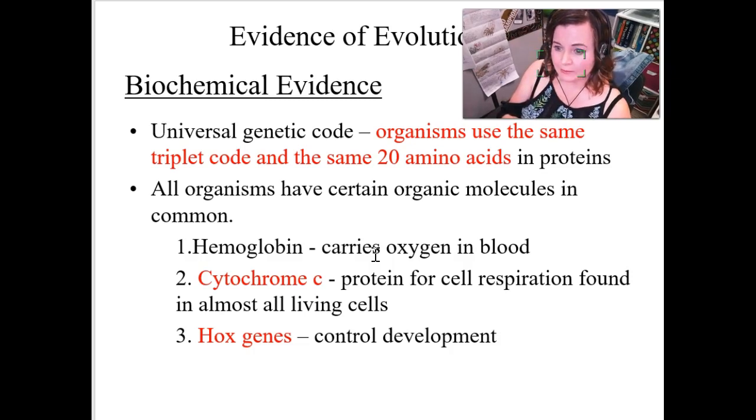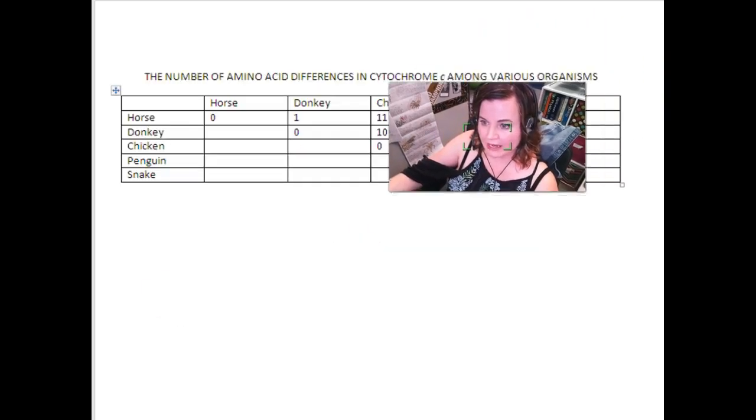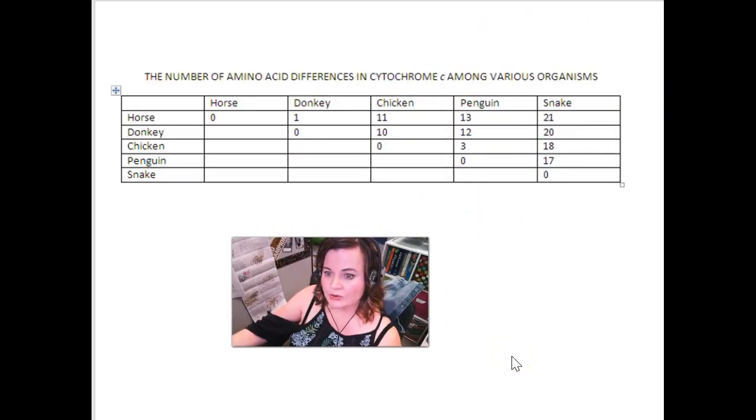And when you look at these proteins, you can actually look at the code, the A, T, C's, and G's that make up hemoglobin and cytochrome C, and compare them. And what you can do is compare them animal by animal. And you can look at how many differences there are.